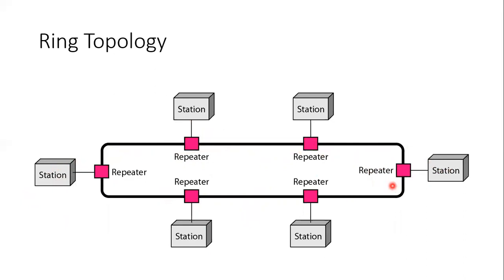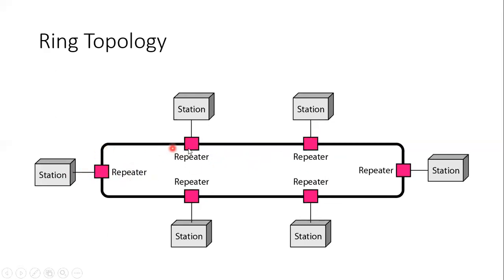Each device in the ring incorporates a repeater. When a device receives a signal intended for another device, its repeater generates the bits and passes them along. Suppose this station wants to communicate with this station.